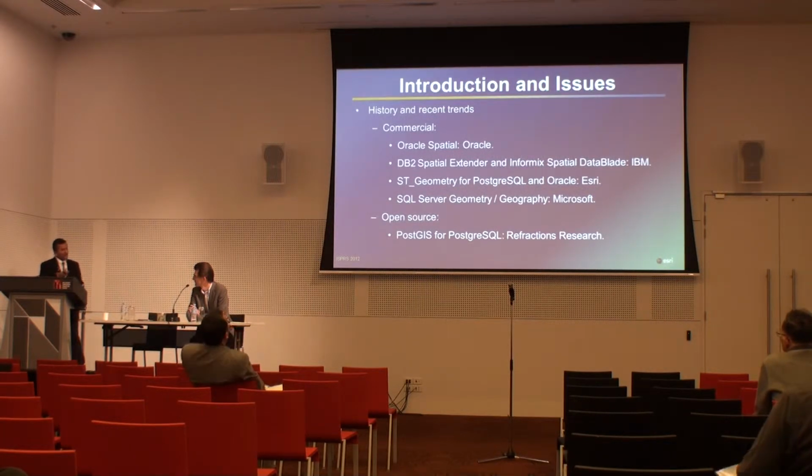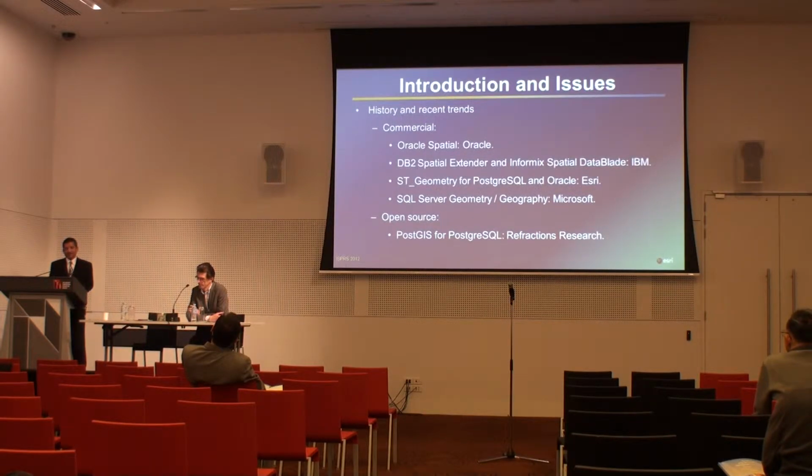So if we look at the implementation of the spatial type, we know that in the last 10 years we have seen Oracle Spatial from Oracle. DB2 has the spatial type, and Informix, which is also from IBM right now. ST Geometry for Postgres, an open source database, from ISPRS.